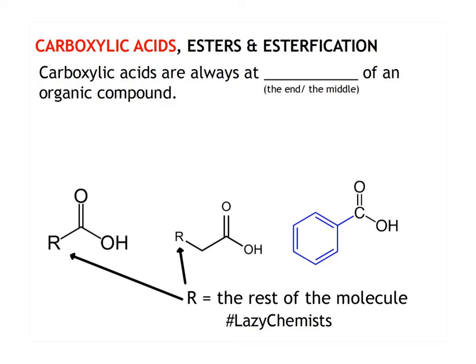Another group, and you'll notice that we're doing lots of groups this week. You might have to pause and go back or replay different sections as you're working through the assignment. Now these are carboxylic acids. These are always at the end of an organic compound, because a carboxylic acid is a very special group. It is a COOH. You might remember these from when you were talking about acids and bases. These are organic acids. Some acids are not organic, like H2SO4.